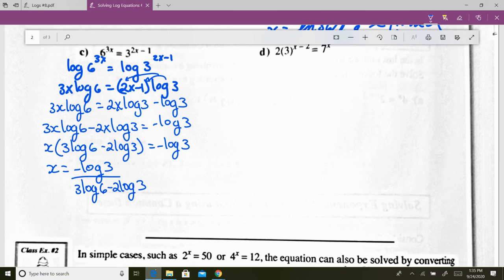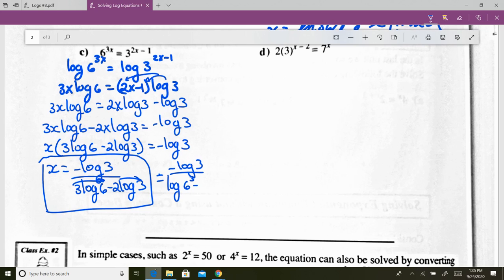So that would be the exact value answer on a test. That's fine. However, you can simplify it. I'm just going to show you how you do that because the book does it. The bottom here, you can move these exponents up. And you get negative log 3 over log 6 to the power 3 minus log 3 squared. 6 cubed is 216, duh.